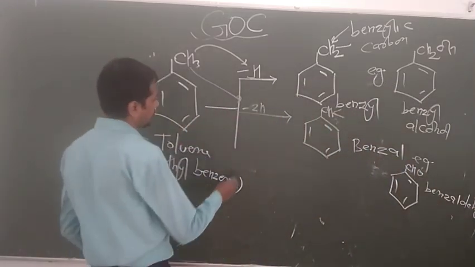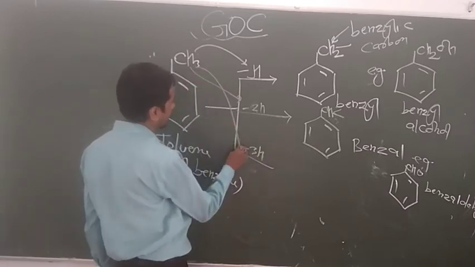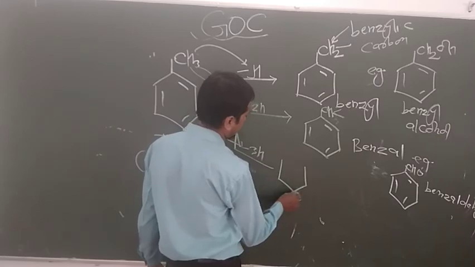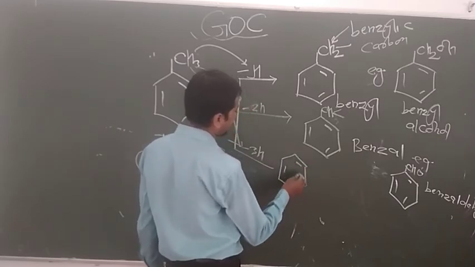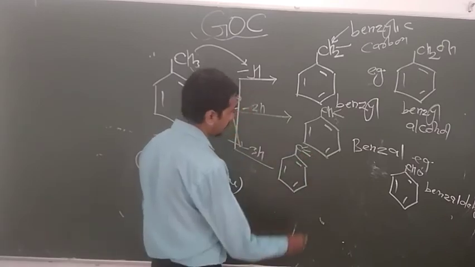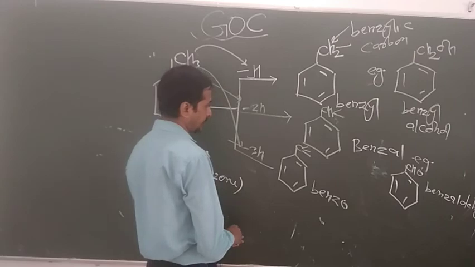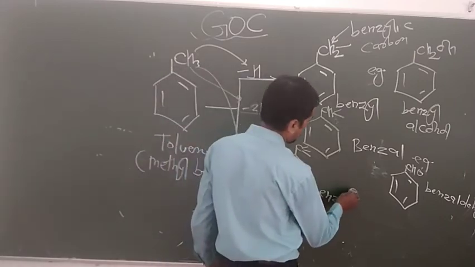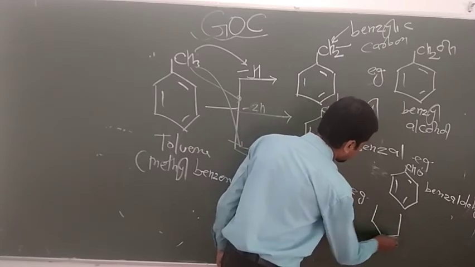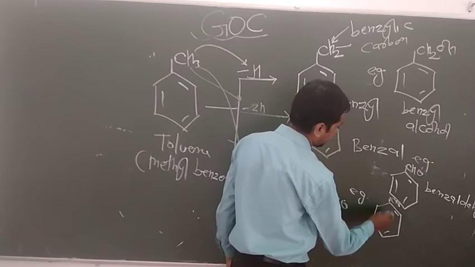Now one more group is formed. If all 3 H are removed from this carbon, in that condition, this will give one group that is known as benzo. Now by the 3 bonds, you can attach one nitrogen. So this will form benzonitrile.